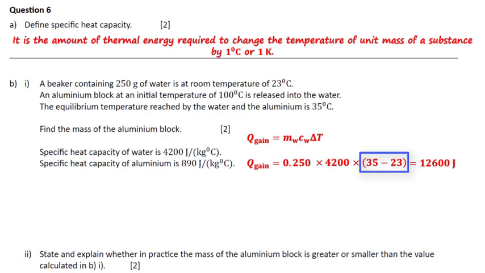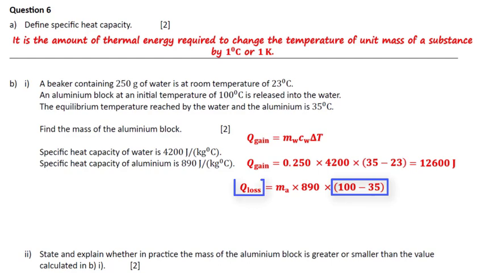Now, the aluminium will lose heat. So, Q loss for the aluminium is going to be equal to mass of the aluminium multiplied by specific heat capacity of the aluminium, et puis nous multiply by the decrease in temperature. Alors, pour Q loss, nous devons mettre decrease in temperature, c'est-à-dire initial minus final.